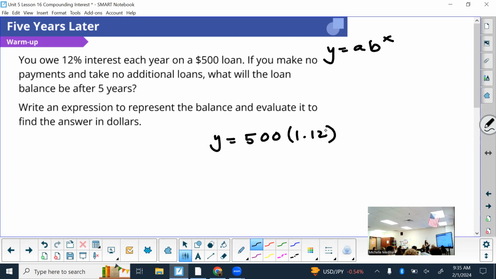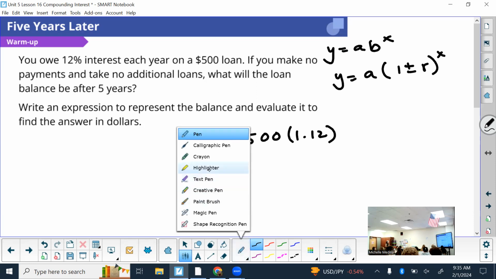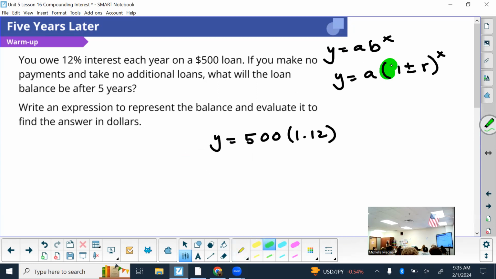1.12. So how they got that, in case you're not sure, is this variation of our exponential functions. They both represent exponential functions. You can use either one. It's just that when it's percent changes, this one better explains why it became 1.12.